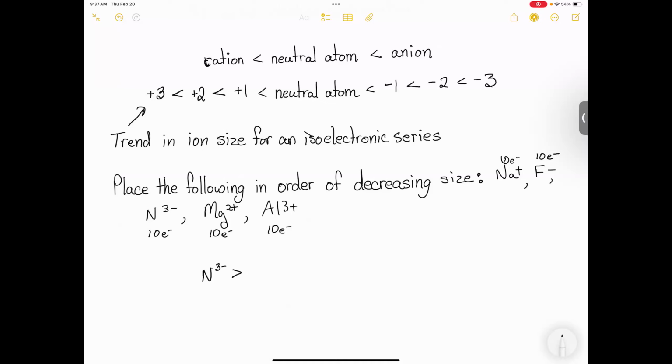It's going to be bigger than my F minus, which is going to be bigger than my Na plus, which is going to be bigger than my magnesium 2 plus, which is going to be bigger than aluminum 3 plus. Any questions about the trend in ion size?